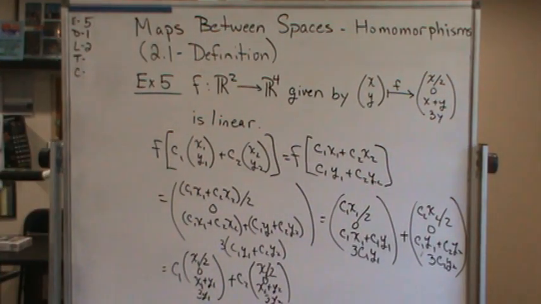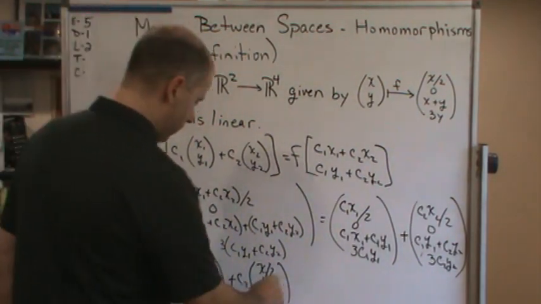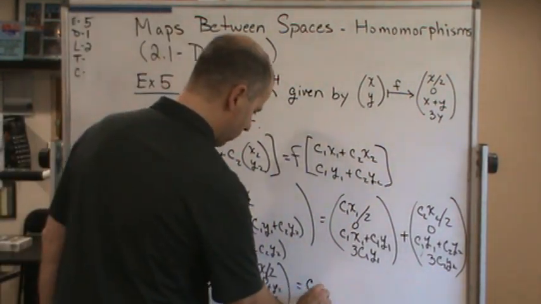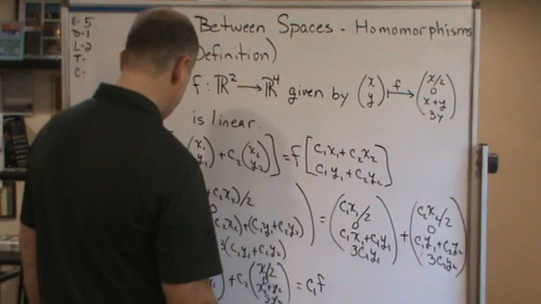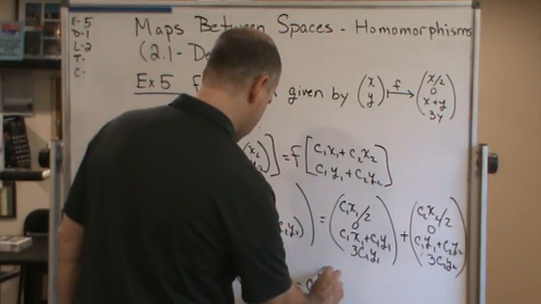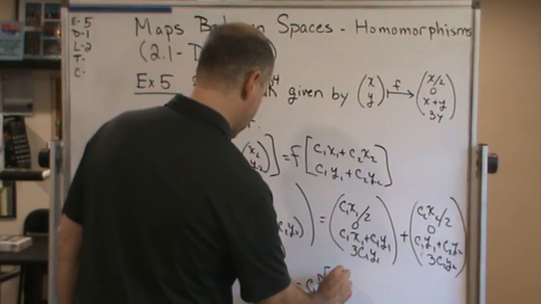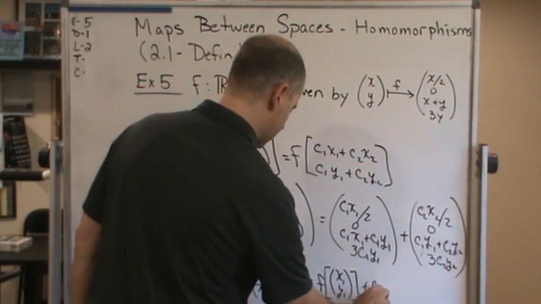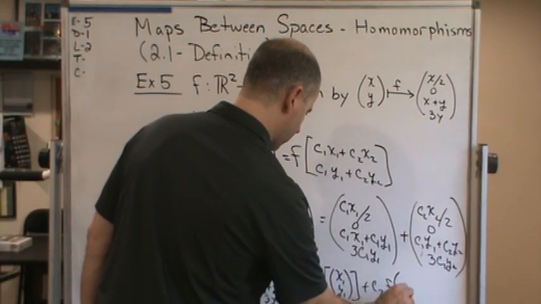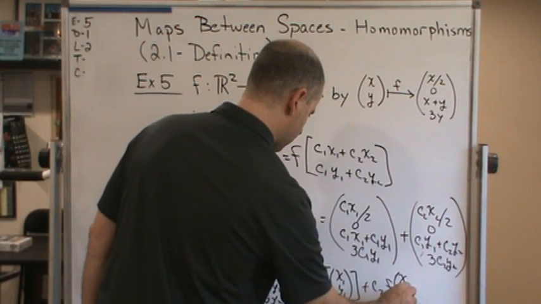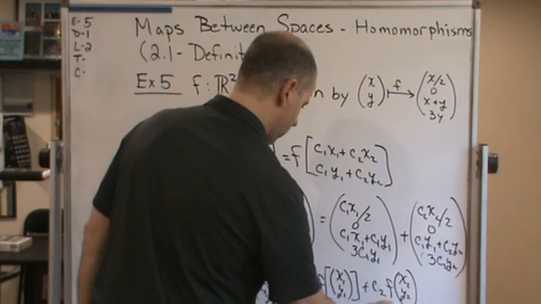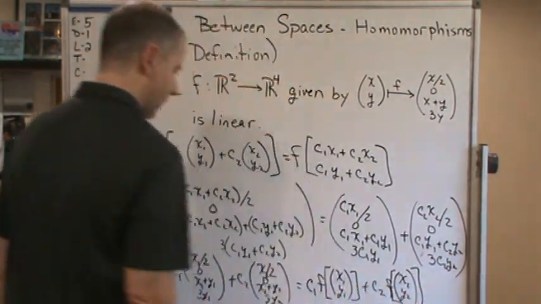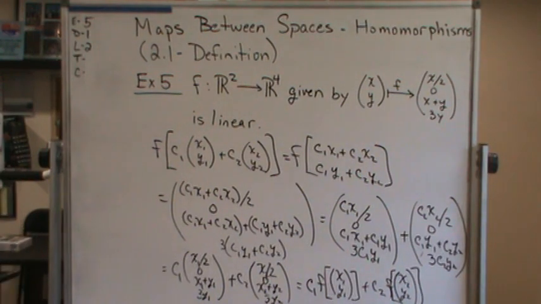And now we're finished, because this and this is the image of what we started with. So we get c1 times f of (x1, y1) plus c2 times f of (x2, y2). And we're done. Voila!